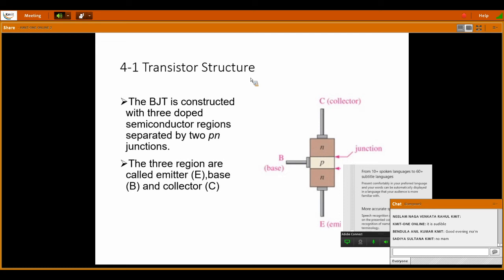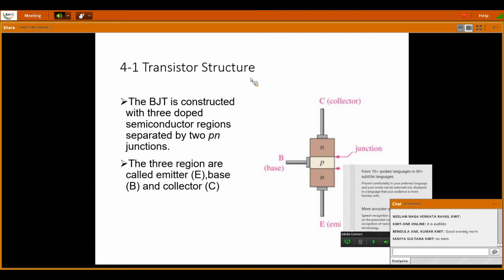Next, coming to the doping. Doping is, in order to have an extrinsic semiconductor, we have to add impurities to the pure semiconductor. Based on the impurities, whether you use trivalent impurities or pentavalent impurities, your extrinsic semiconductor is classified into p-type or n-type material.